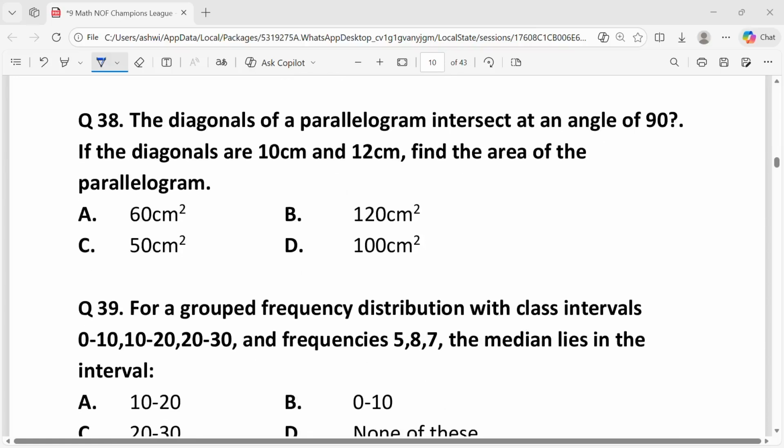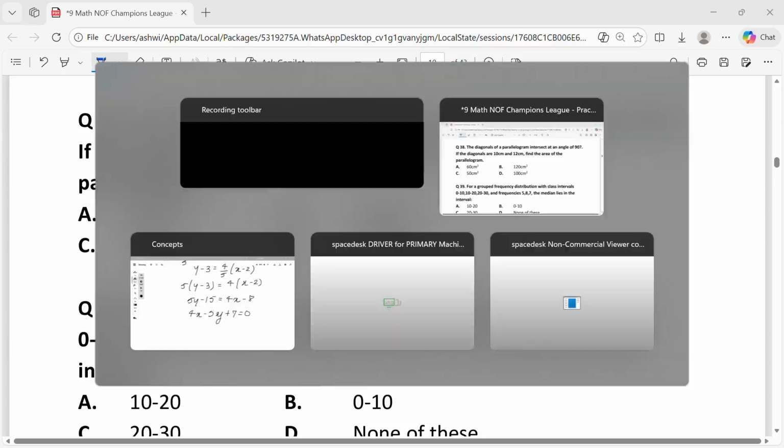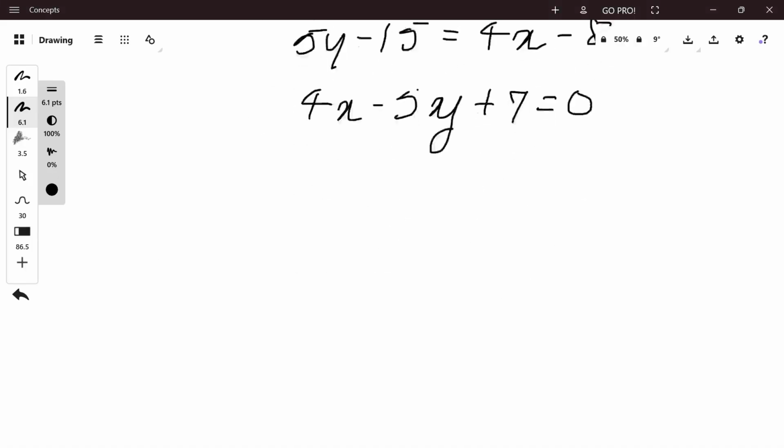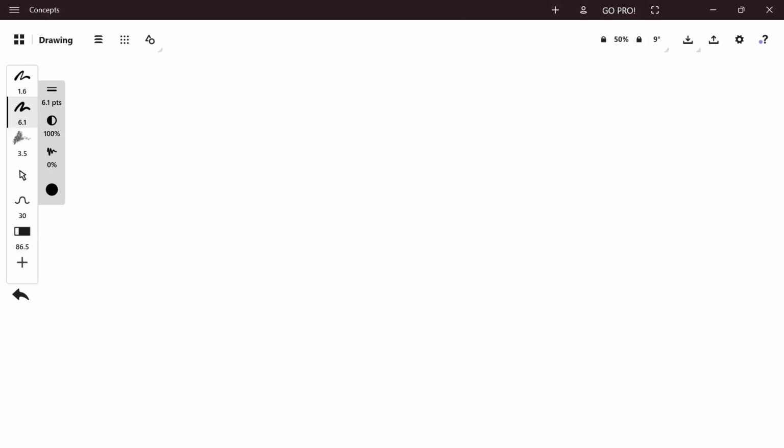Question 38. The diagonals of a parallelogram intersect at an angle of 90 degrees. If the diagonals are 10 cm and 12 cm, find the area of the parallelogram. The area A of a parallelogram with diagonals D1 and D2 that intersect at an angle of theta is given by the formula A = 1/2 D1 D2 sin θ. In this case, D1 is 10, D2 is 12 and theta is 90.